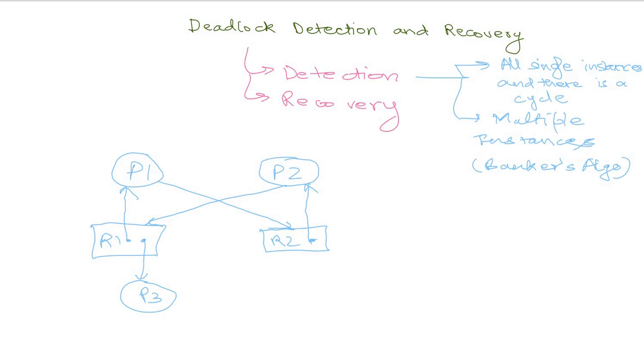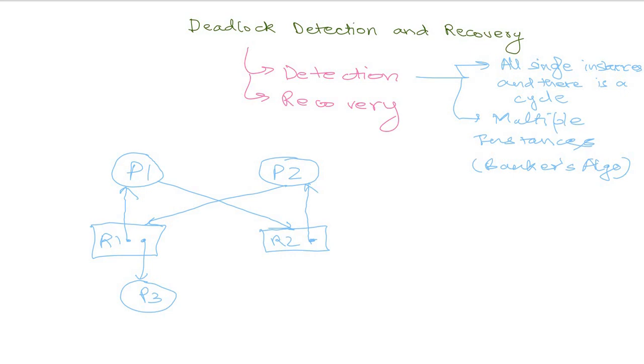Now here, if it had been a single instance, we would have said that okay, this is a cycle. But here we can see that, let us consider P3 process is completed. After it's completed, it releases this instance. So that can easily go to P2 and then we can complete these processes. That's how the multiple instances case needs a different algorithm for detection.